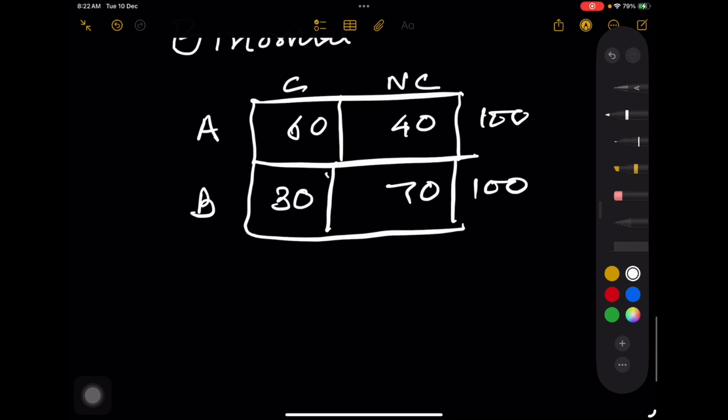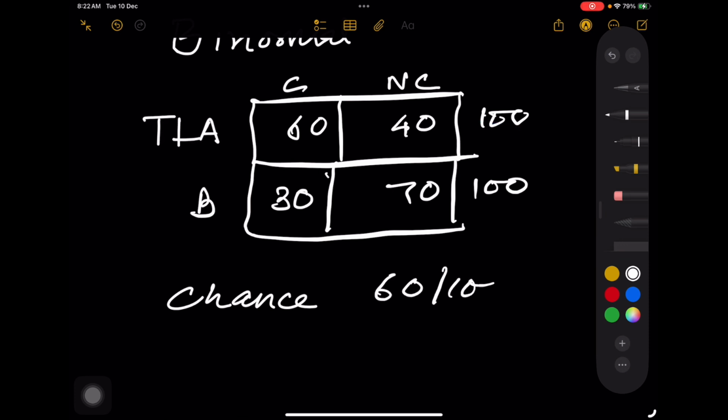Therefore, the risk or chance, here the event is good, so we'll say the chance of cure with treatment A is 60 upon 100. And the chance of cure with B is 30 upon 100.